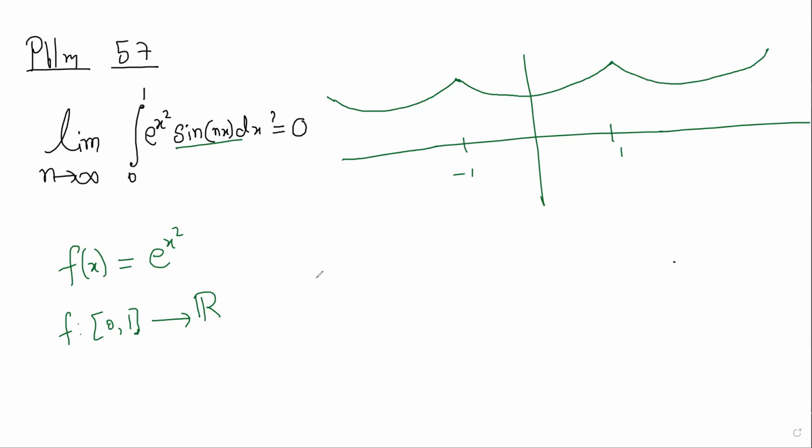Now, the desire is to look at this function x square and somehow break it into this thing, which you may have seen. These are called the Fourier coefficients, right?